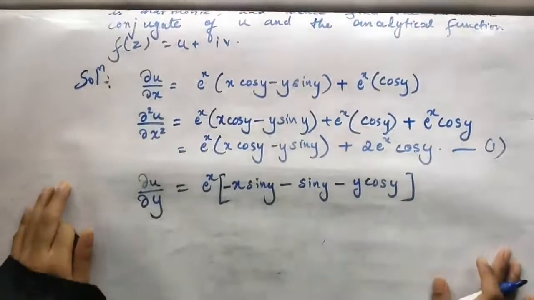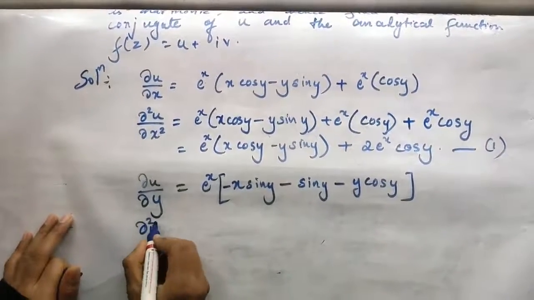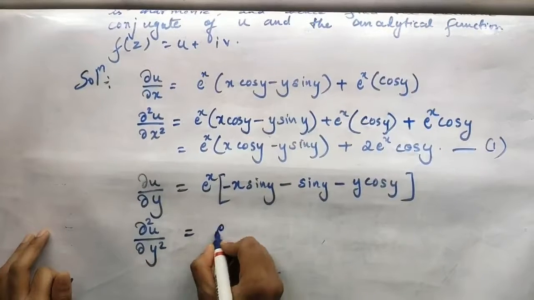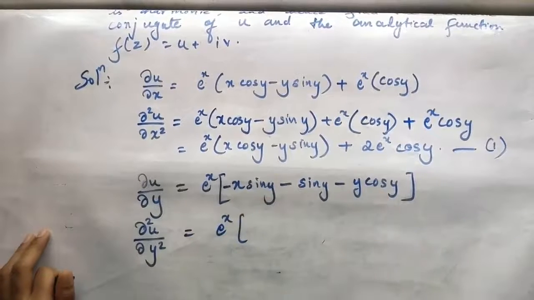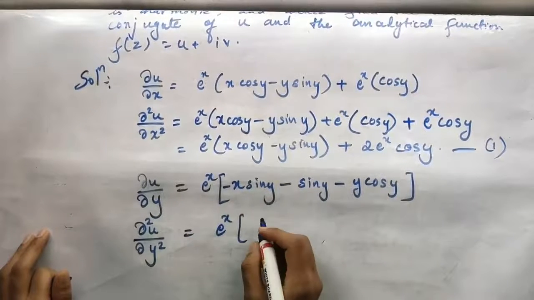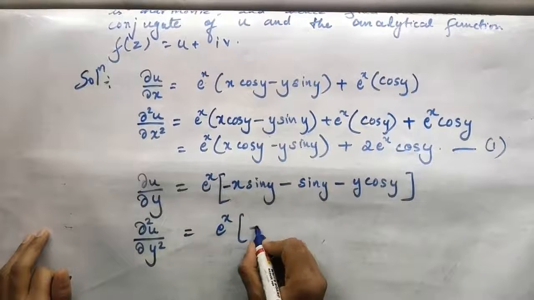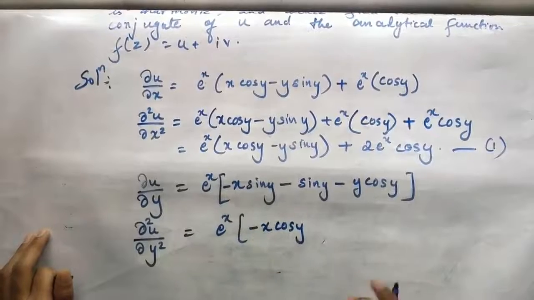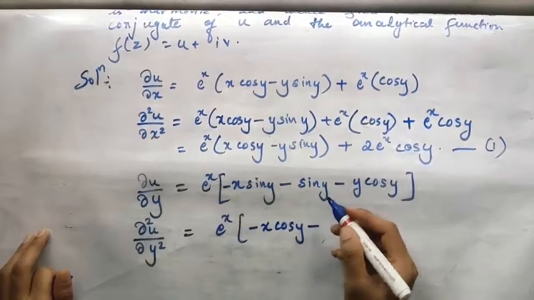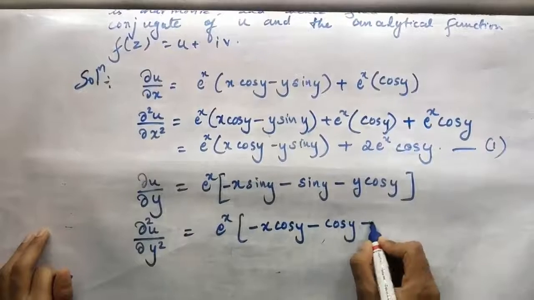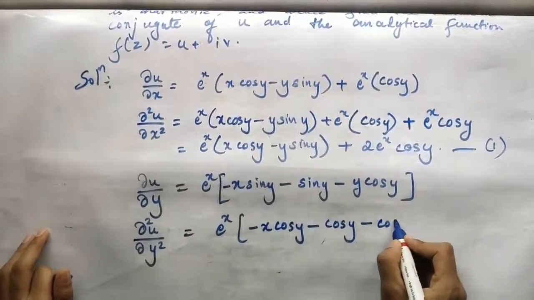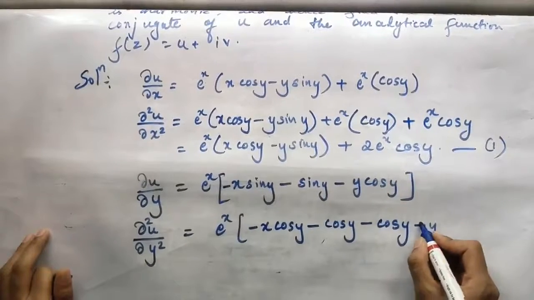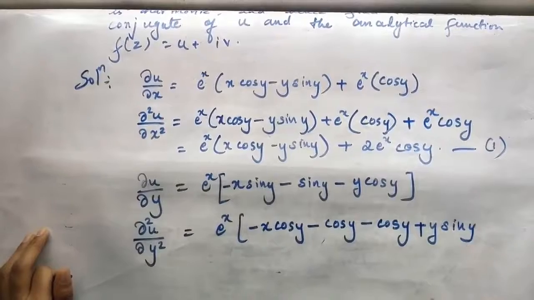Now let us continue with the derivative of u with respect to y once again, which is dou square u by dou y square. Once again e to the power x as it is, only differentiate the bracket with respect to y. So you get minus x cos y, minus x as it is, derivative of sin y is cos y, minus the derivative of sin y again, which is cos y, minus the derivative of y, 1 cos y as it is, minus y as it is, derivative of cos y is minus sin y, so make it plus y sin y.